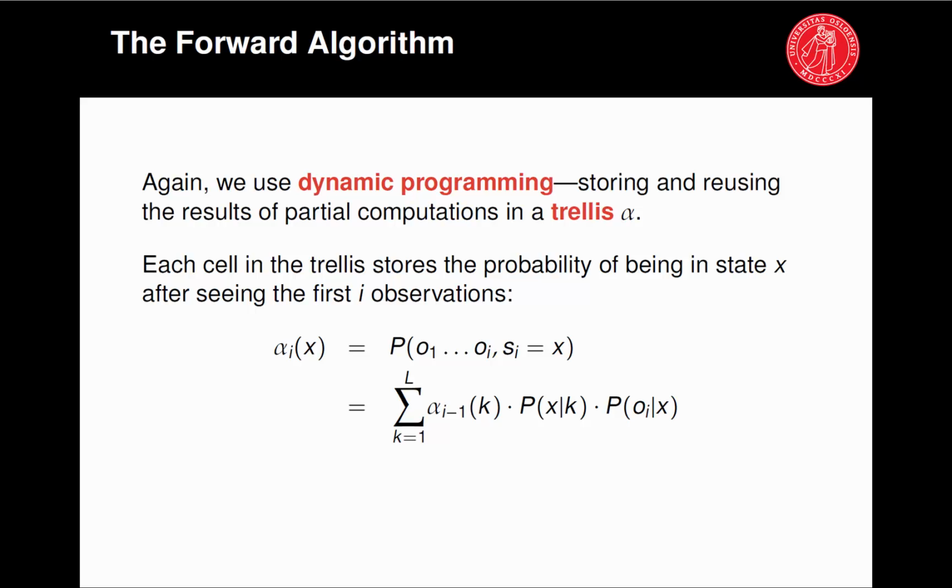That is, we sum over all preceding states k at time point i minus 1, transition probability from k to x, emission probability in x, emit o i. And we sum all of these together. That will be the probability, the sum of all possible ways of getting into that state at that time point.